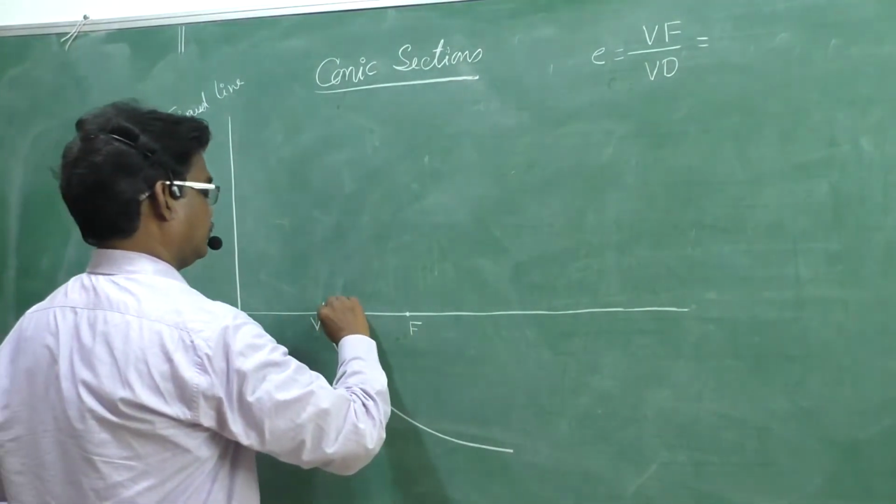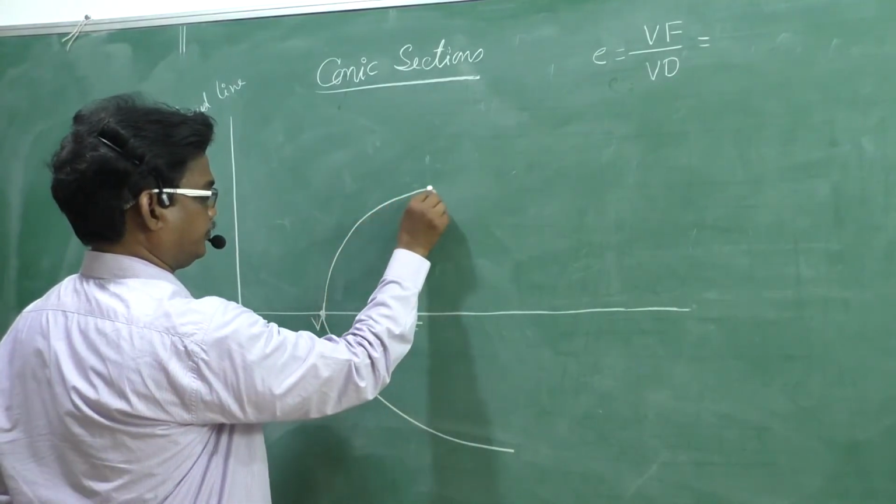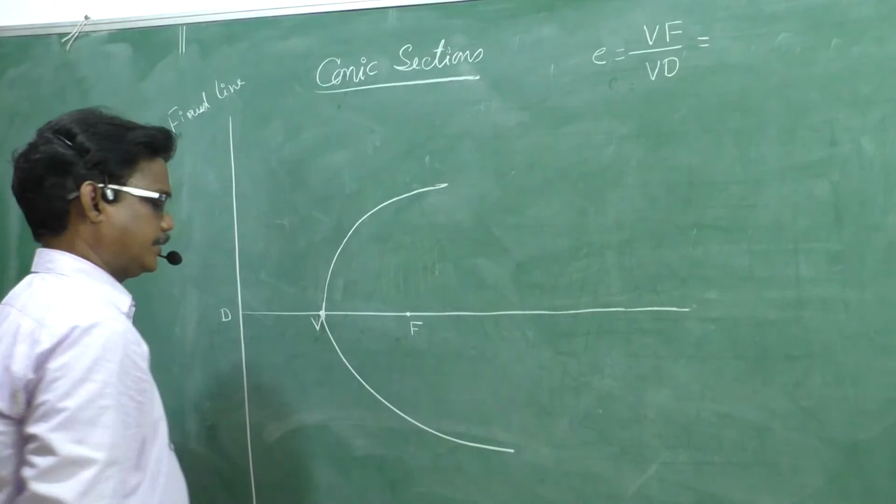The obtained curve is a parabola. This is an open curve.